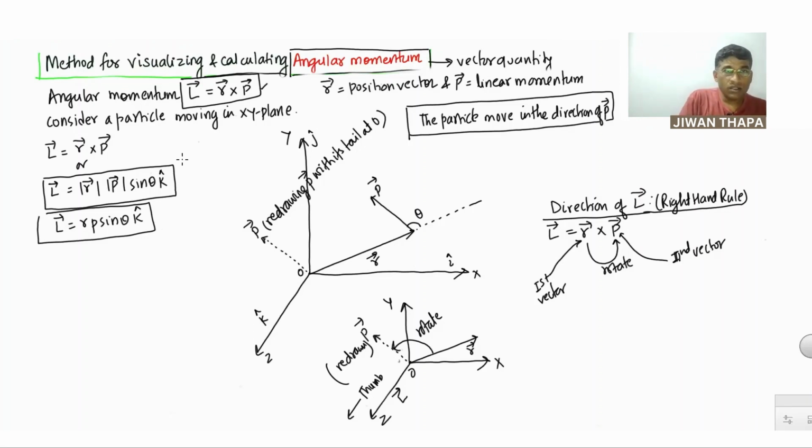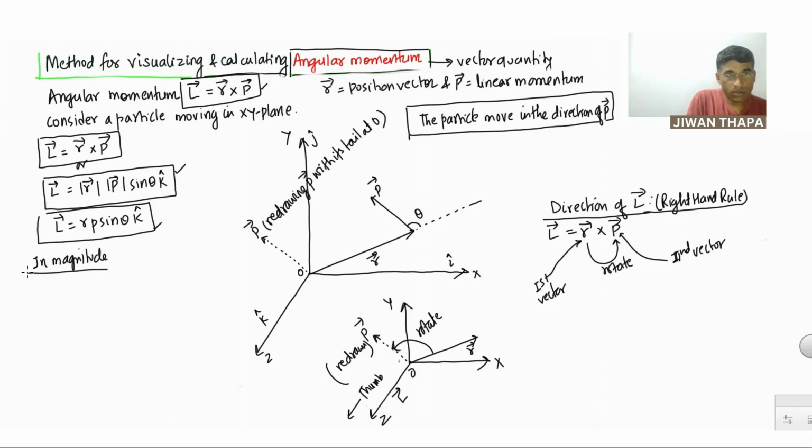So this expression, or this expression, is angular momentum in vector form. Now let us write in magnitude.